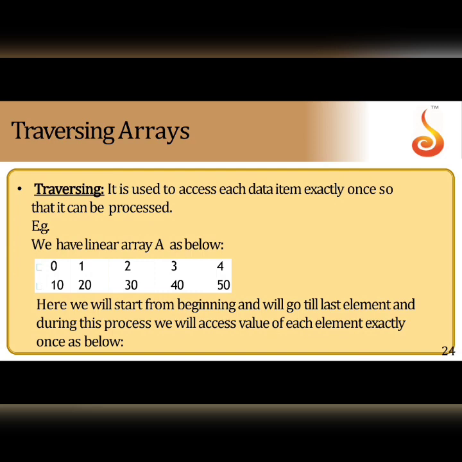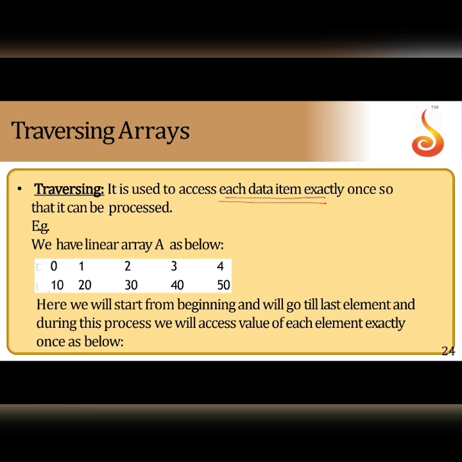The next is traversing of arrays, which is a process wherein each data element is visited exactly once so that it can be processed. So if I apply the last example, I have an array and I want to increment each element by 10.